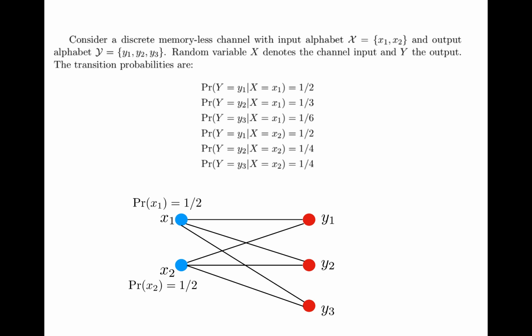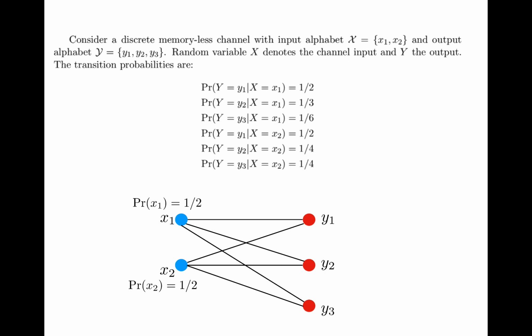So in this example, let's consider a discrete memoryless channel with two inputs, x1 and x2, and three outputs, y1, y2 and y3, and the two inputs are equally probable. Let's assume that the two inputs have probabilities half each. Okay, and now you have these transition probabilities.